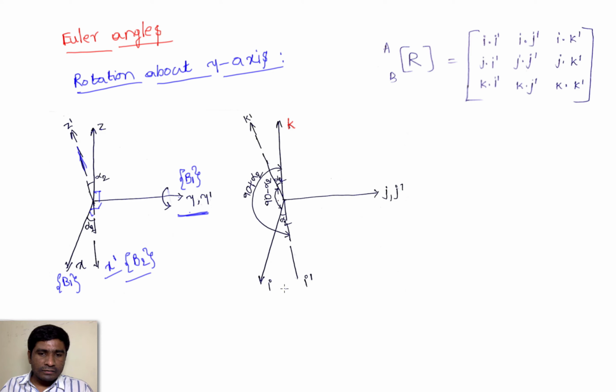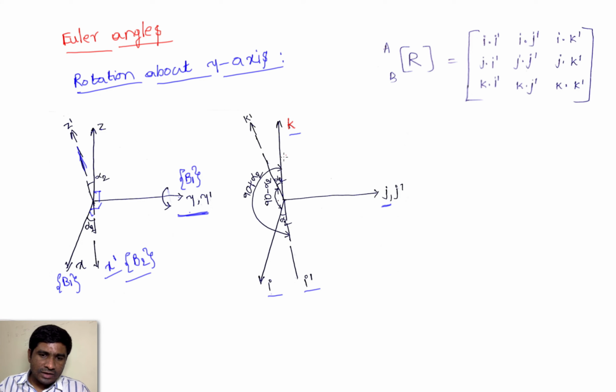If I draw in this manner in the representation of unit vectors, then the angle between j and k is 90 degrees, and j and k dash is also 90 degrees, because k dash is in the same plane as k, and that plane is perpendicular to j. So k dash is also perpendicular to j as well as j dash, and j is perpendicular to i as well as to i dash here.